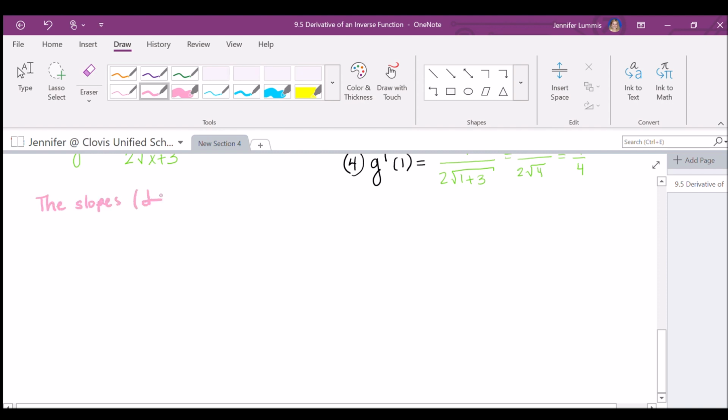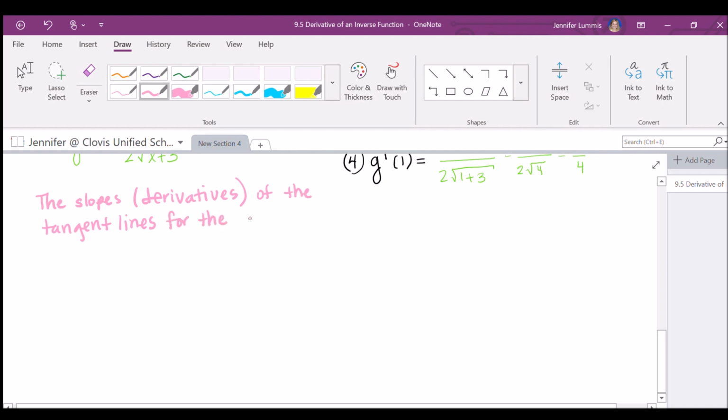So the slopes, or derivatives, Okay, so the derivatives of the inverse functions at the corresponding points are reciprocals.